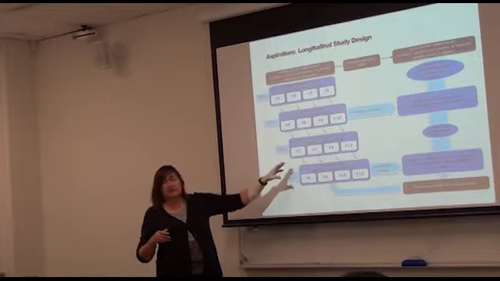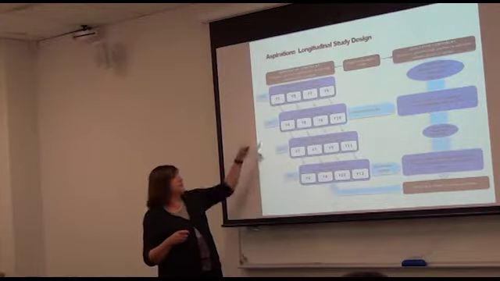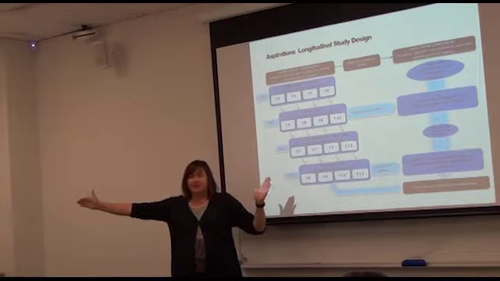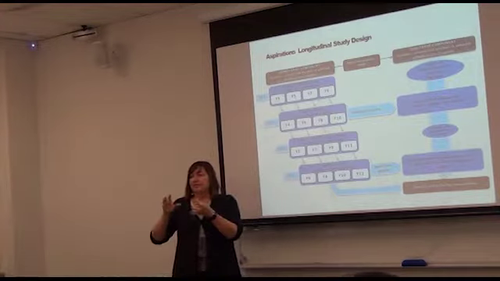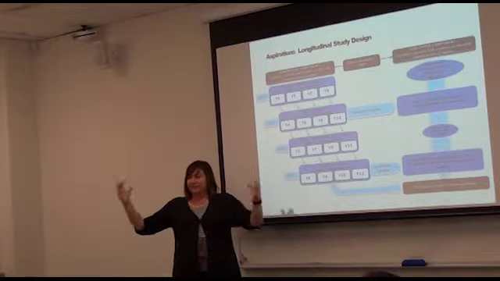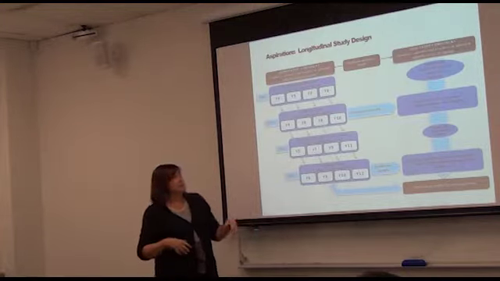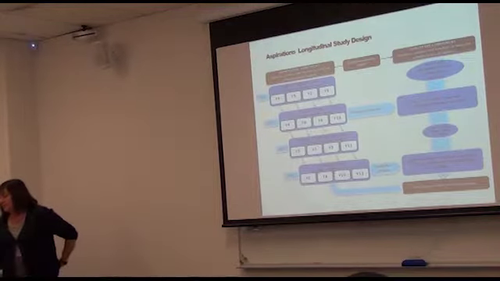And this design's actually called an accelerated longitudinal design, because in 4 years you have got data from year 3 to year 12. Now, it's not the same student all the way, but because of the overlaps between the cohorts, you can do some statistical work to look at trends from year 3 to year 12. So that was quite useful for some of the analyses that we've done.